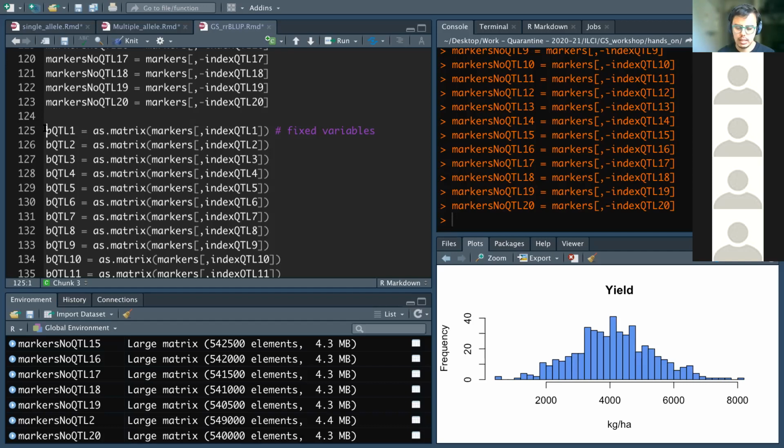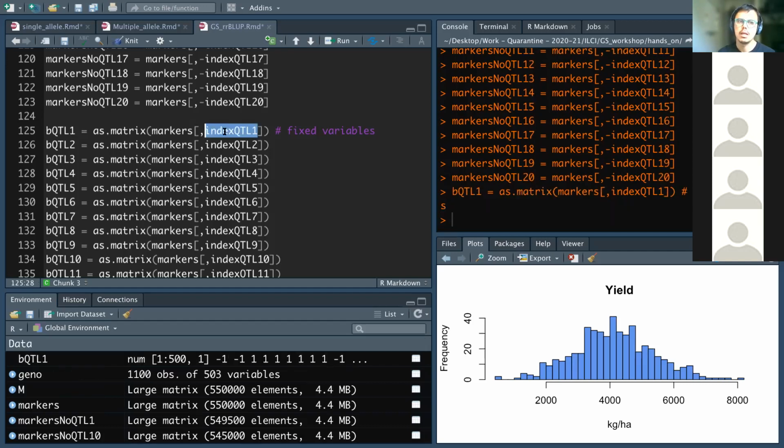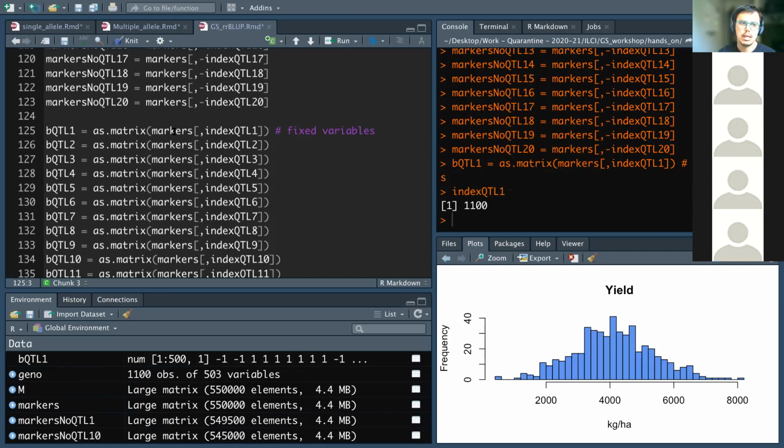And to do that, again, we use the index QTL that we created, that is nothing different than just the physical position in our data set from the fixed variable that we want to do. And we're gonna check that information from the marker data set.